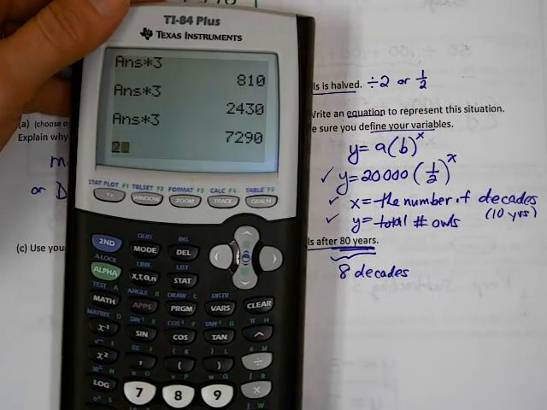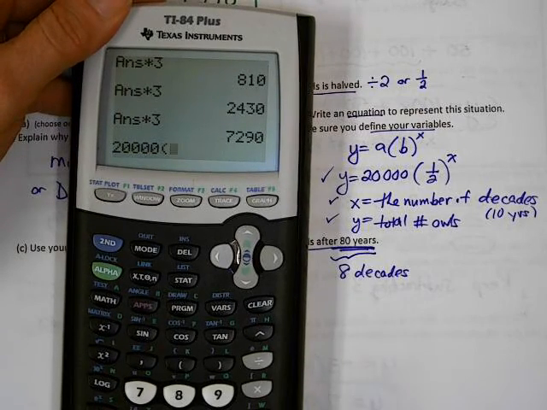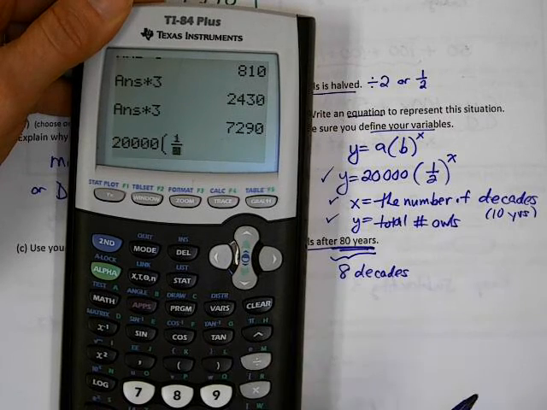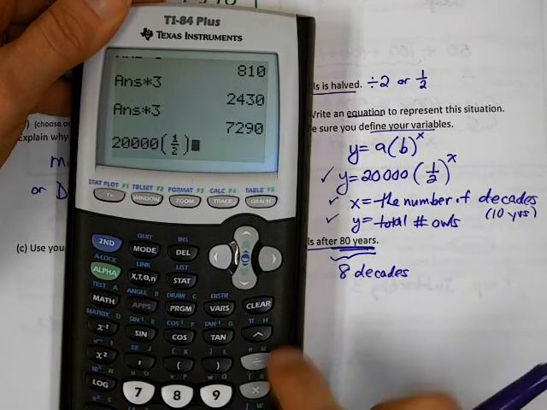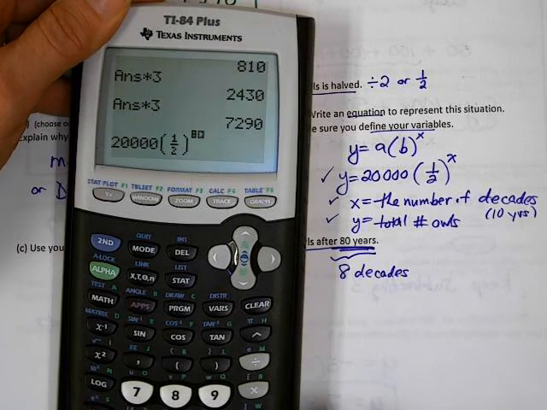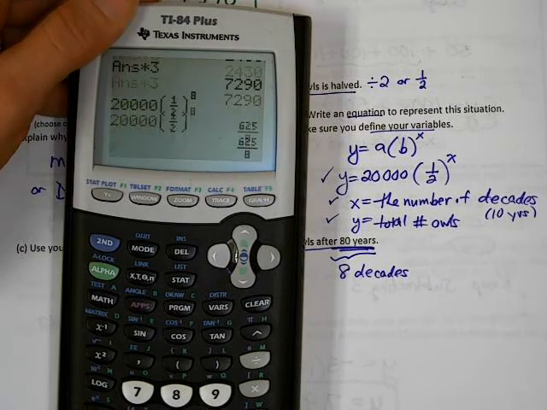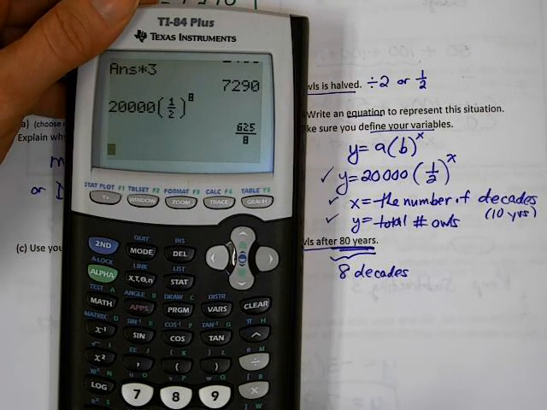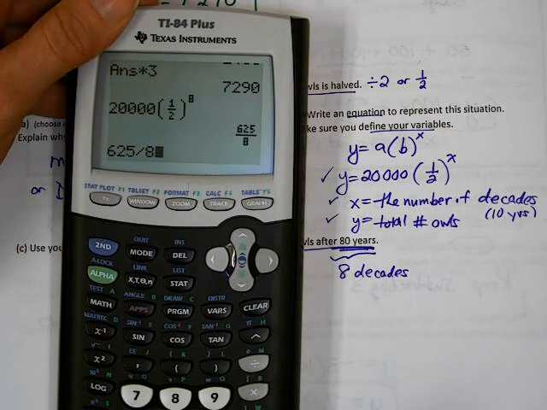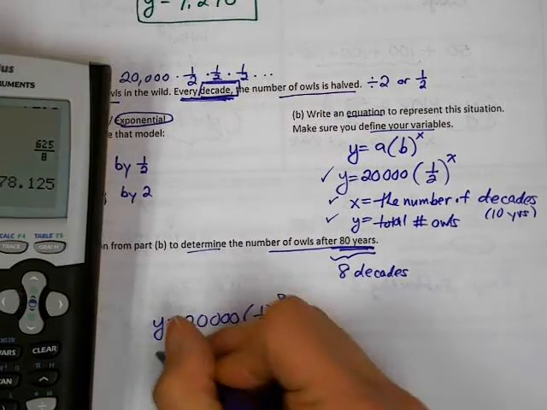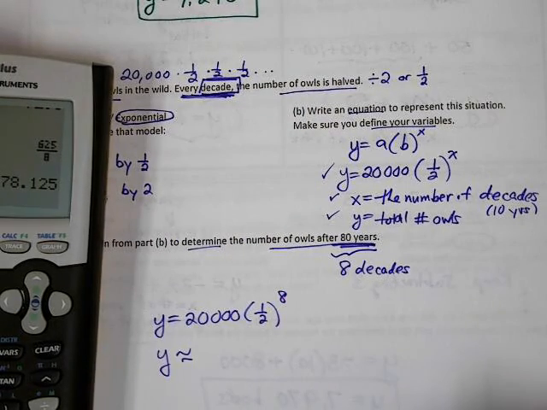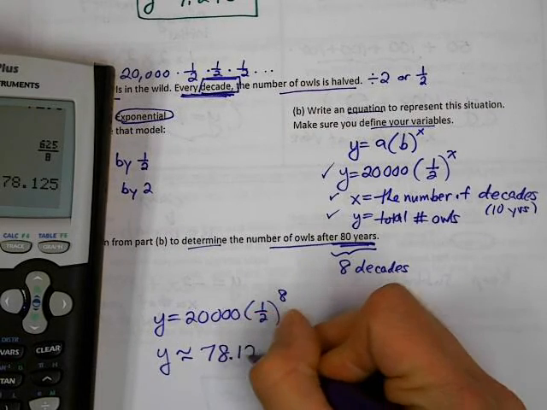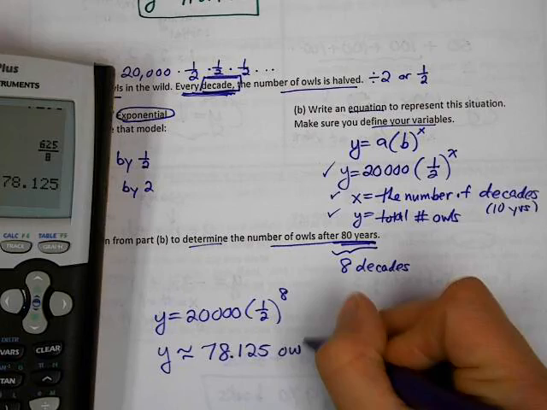So we've got 20,000 times, I'll use my fraction button, 1/2, and that is to the power 8. And the answer is, I don't know if I want a fraction of an owl. 625 divided by 8, approximately 78.125 owls.